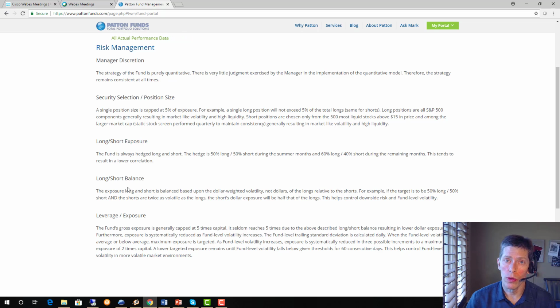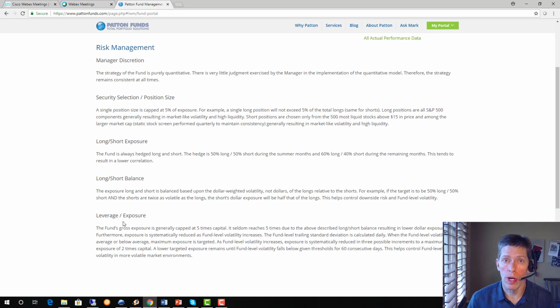That I really won't get into a lot of detail of right now, but the bottom line is that when we balance the longs and the shorts, the amount of stock we have on both sides, we're going to look at the volatility of these stocks and make sure that they're similar in nature from the average long versus the average short.